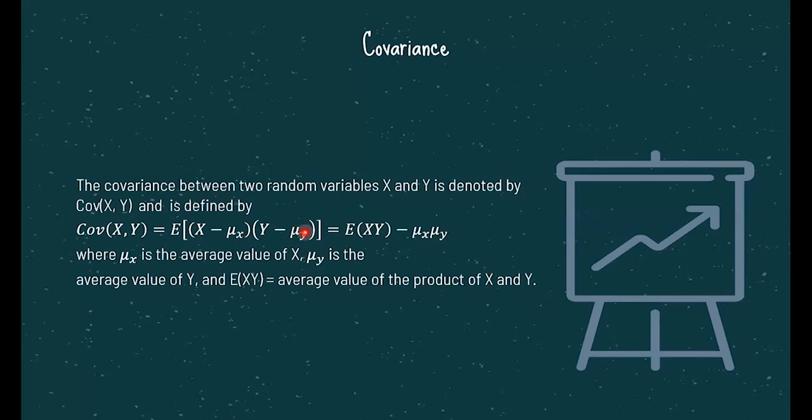Mu x and mu y are their means. This can be rewritten as E of xy minus mu x into mu y. Mu x is the average value of x, obviously. Mu y is the average value of y. What is E of xy? It is the average value of the product xy.